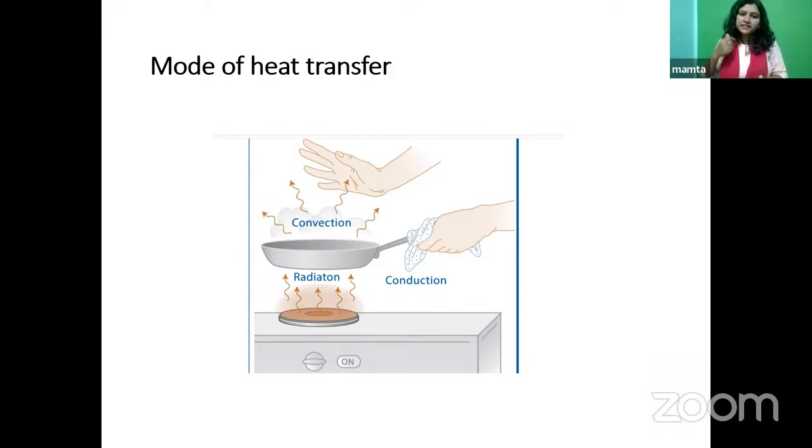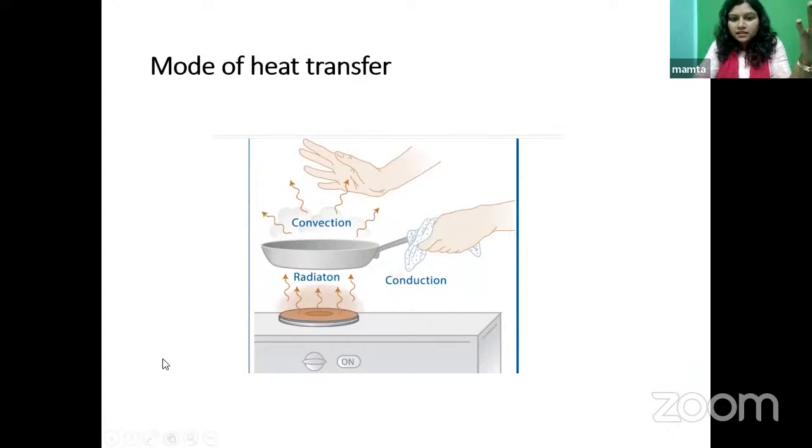As the water gets steamed, it gets evaporated. Water particles which are getting heat themselves come to us. You can see here the hand is there. So the water particle or water vapor itself is going to the hand to transfer the heat.